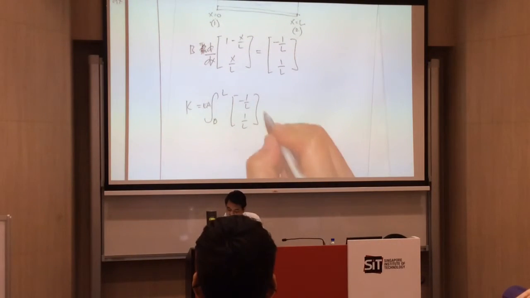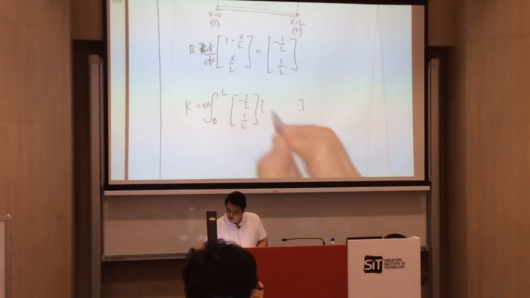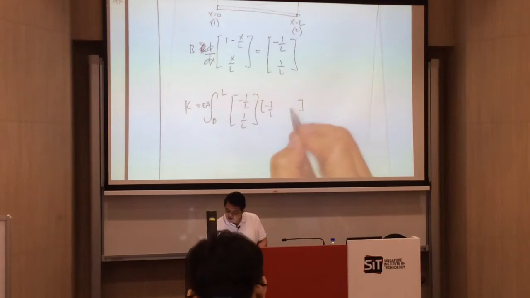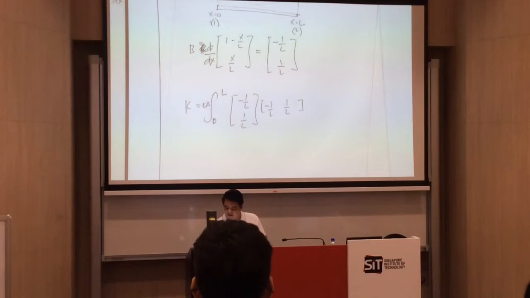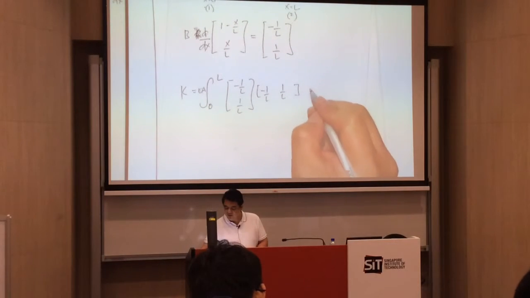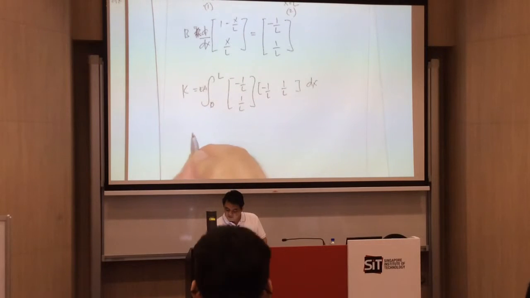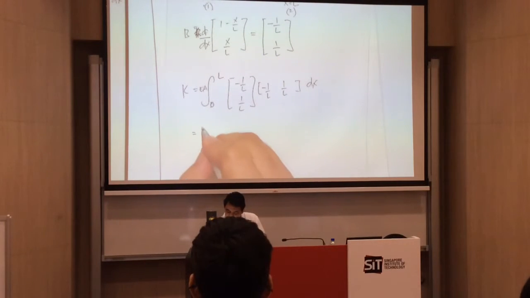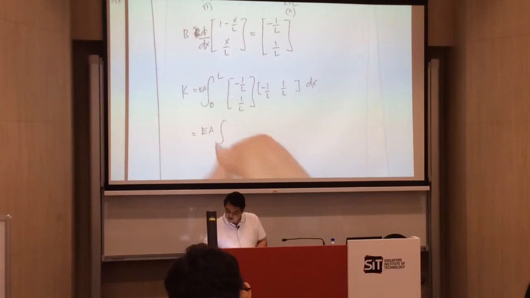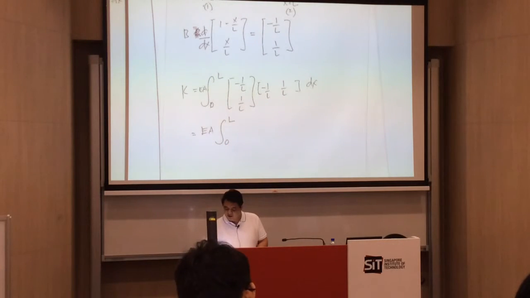There. And then you multiply it with your minus 1 all over L, 1 all over L. This will be dx. So that is EA, integral from 0 to L.